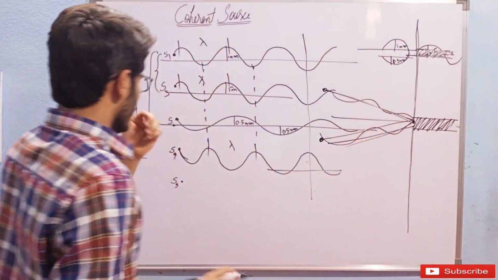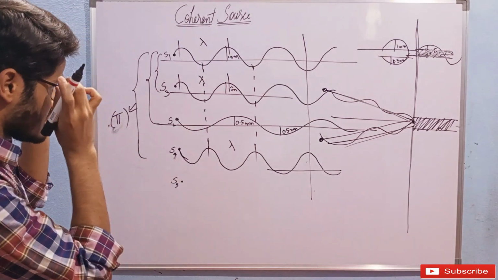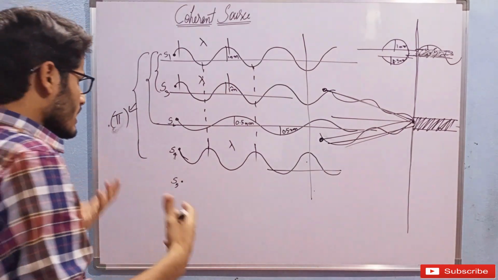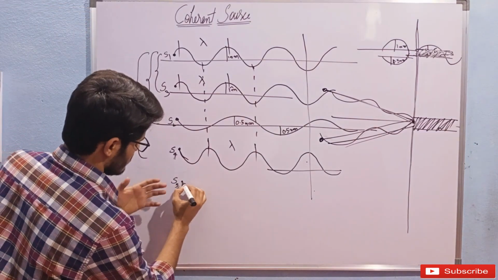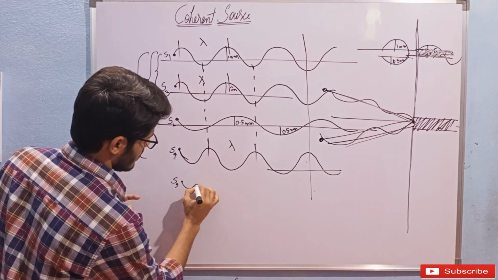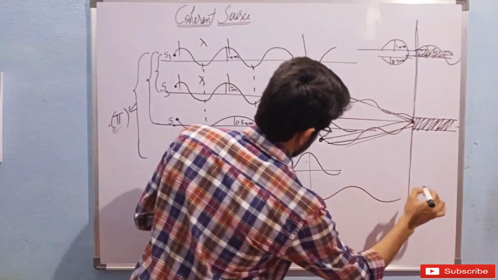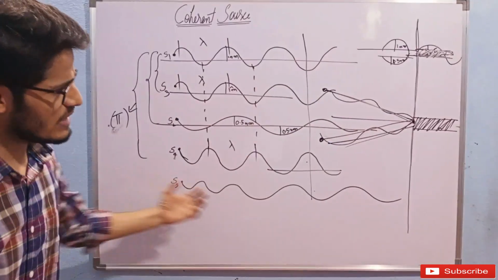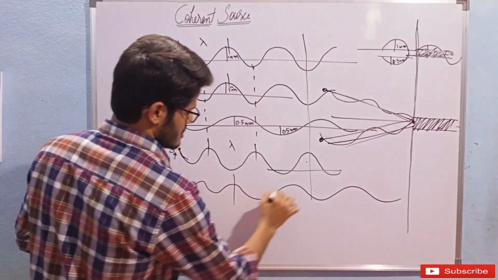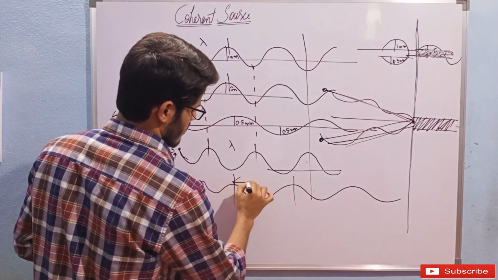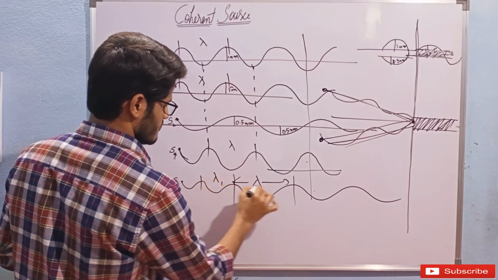Okay. Now I'll show you one more example, and this is going to be incoherent sources. Like if you have a source from where you are getting a wave, but whose wavelength is not the same and whose wavelength is changing with time. Here you have a bigger wavelength and here you have a smaller wavelength.